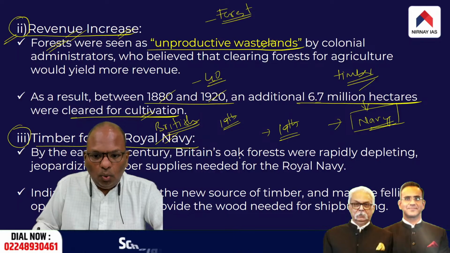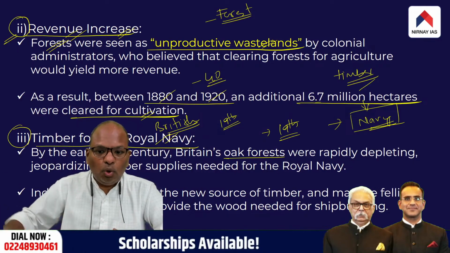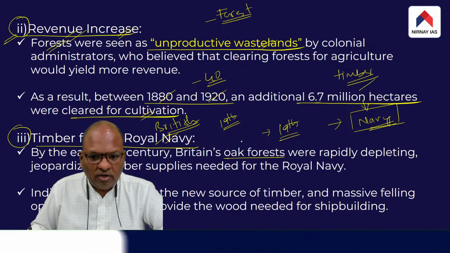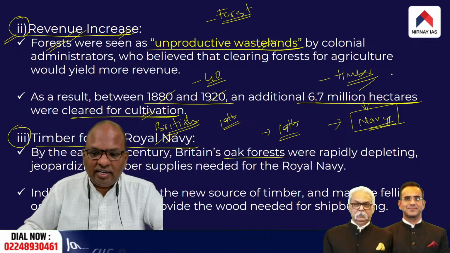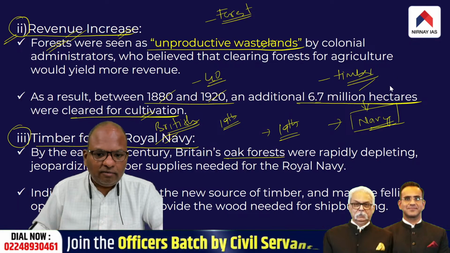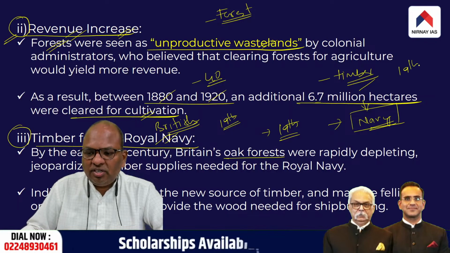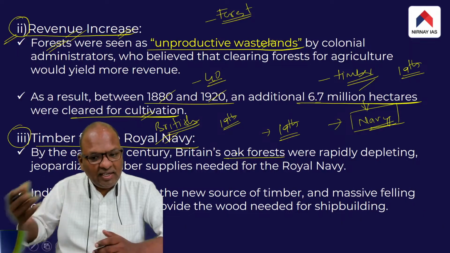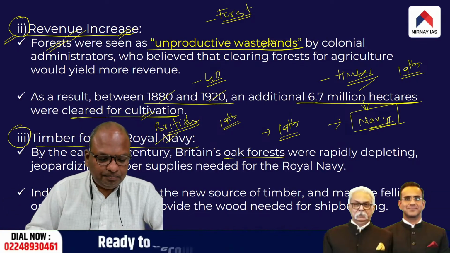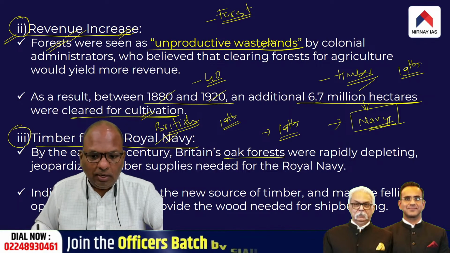Britain had large swathes of oak forest, and this oak tree was used for the construction of ships. But by the beginning of the 19th century AD, the availability of oak in England began to fall.